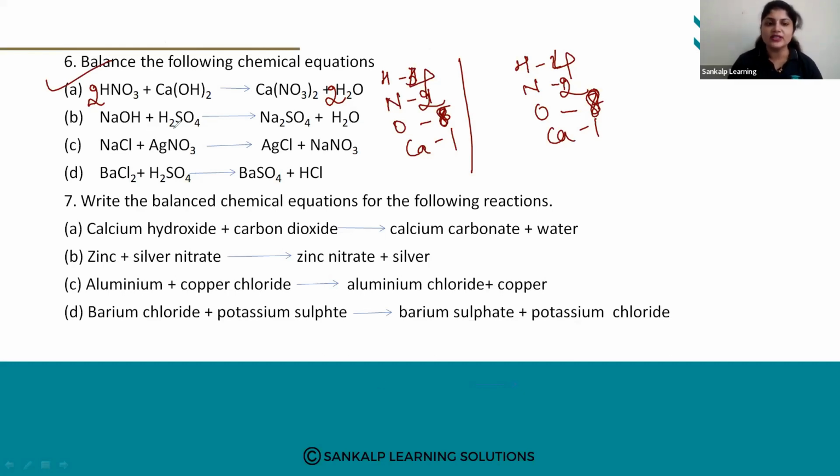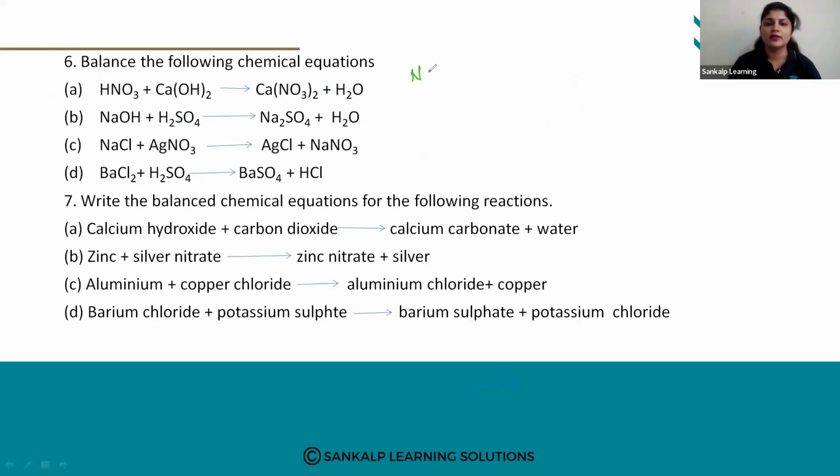Now next is NaOH plus H2SO4 giving you Na2SO4 plus H2O. How will you write it? Okay, Na, I'll just clear this.